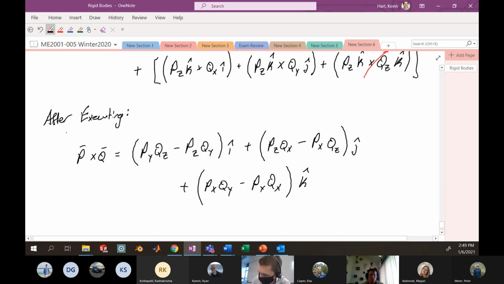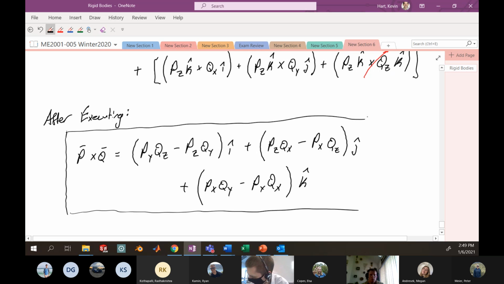All right. So this would be a full expansion of your cross product between two vectors P and Q, given components of these particular vectors that you might know in, let's say, the x, the y, and the z directions.